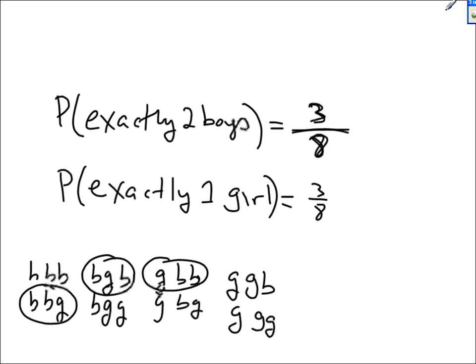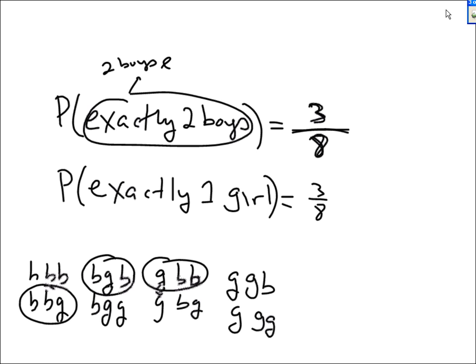You don't need to do that. You need to start being more mathematically mature and realize that if you have 3 kids, exactly 2 boys really means 2 boys and 1 girl. Okay? Exactly 1 girl out of 3 children means 2 boys and a girl.